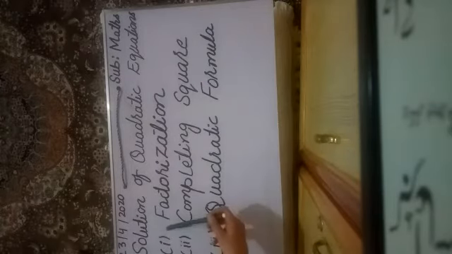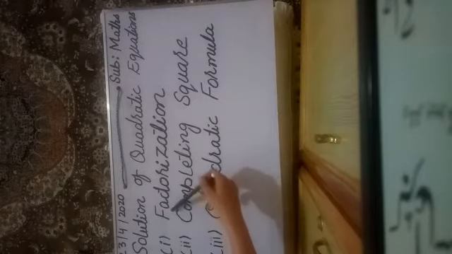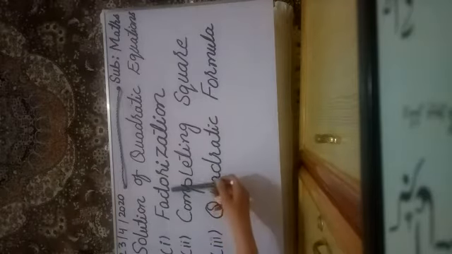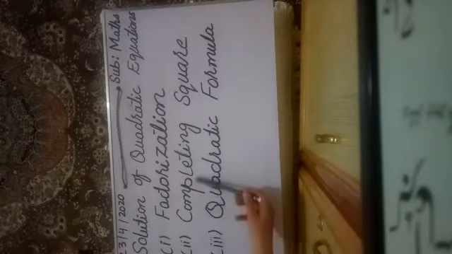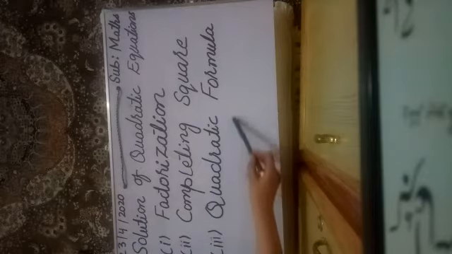Let me tell you here that if the quadratic equation cannot be solved by factorization, then we will move towards the second method, which is the completing square method. If both methods cannot solve the quadratic equation, then we have an alternate method, which is the quadratic formula.